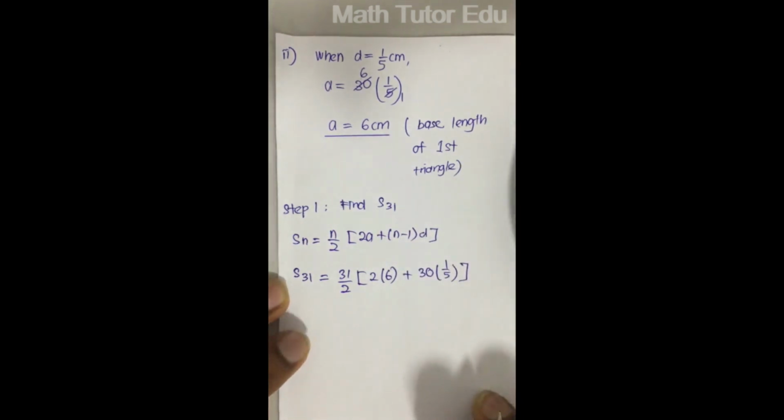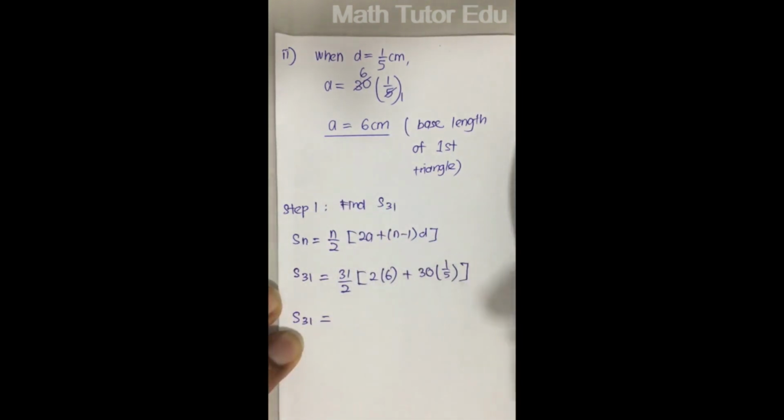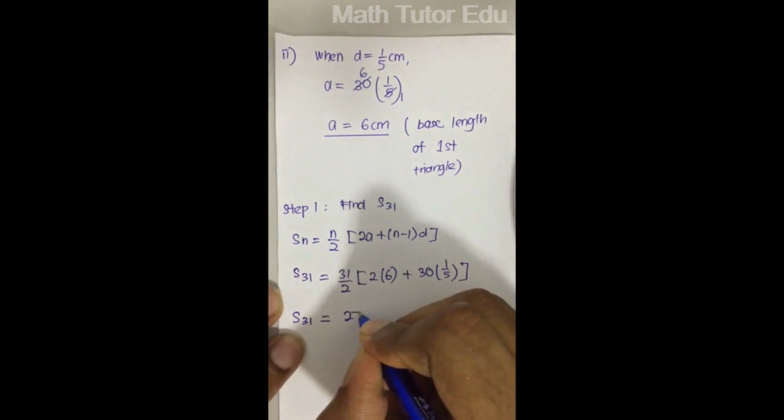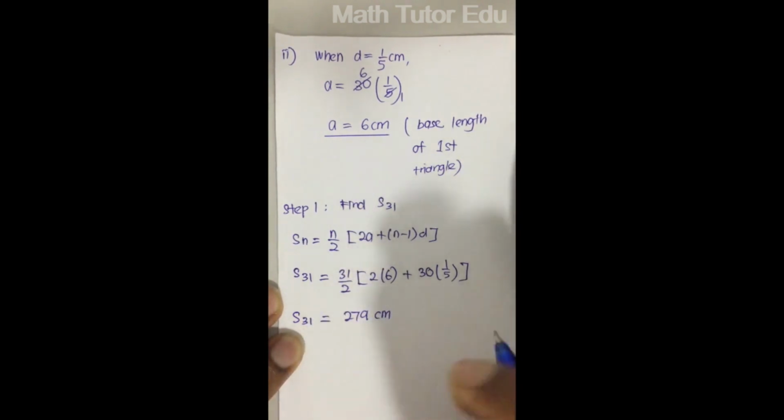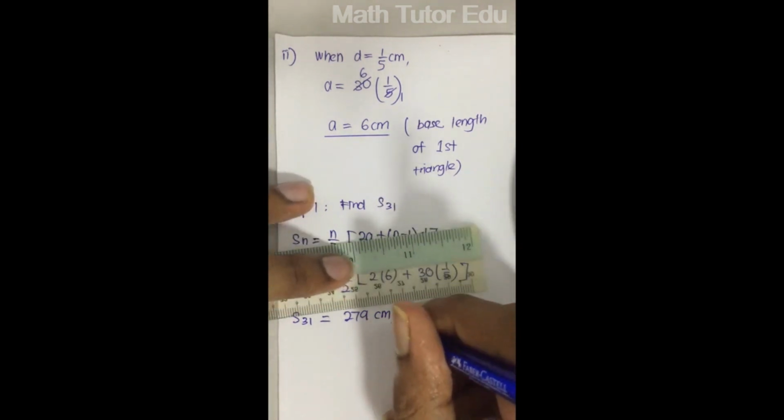You solve this and you should get S31 is equal to 279 centimeter. This is the summation of the base length of the triangle, guys.